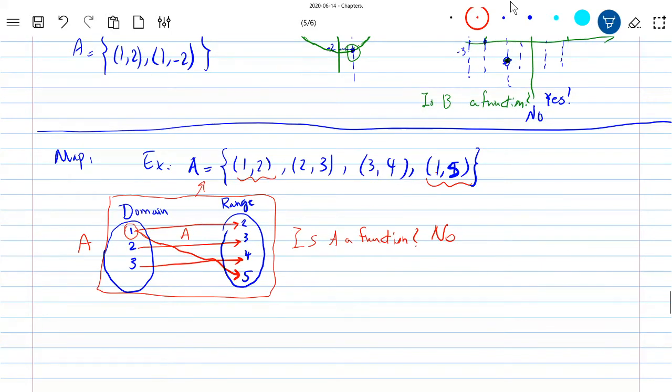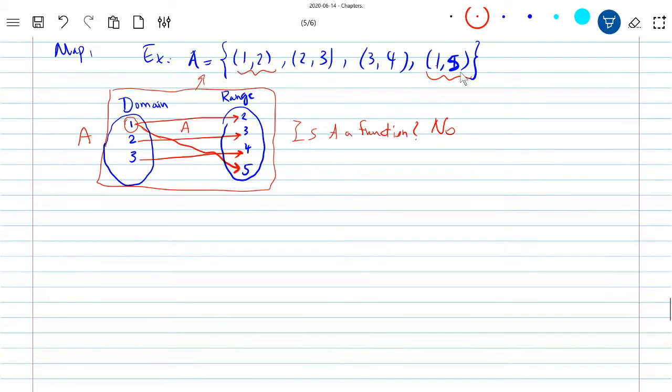But what if, instead of set A, we had a different mapping?